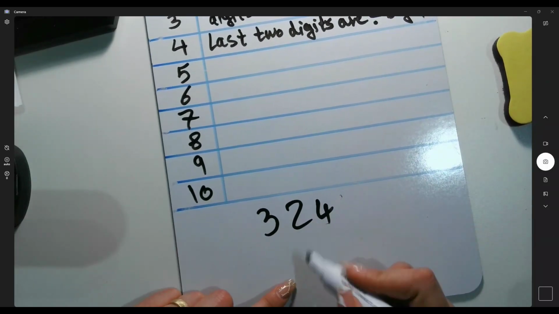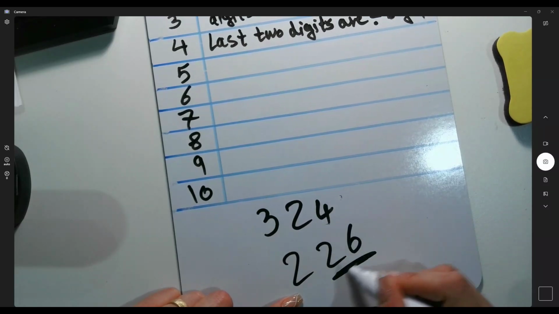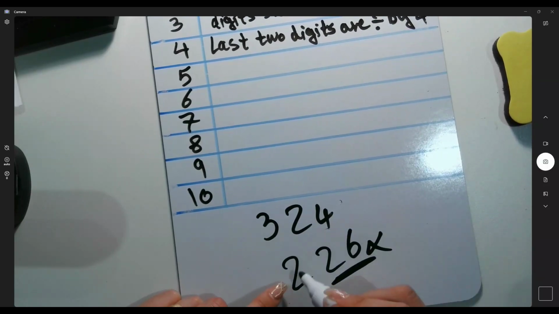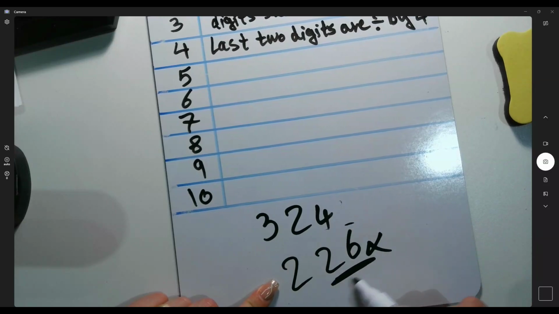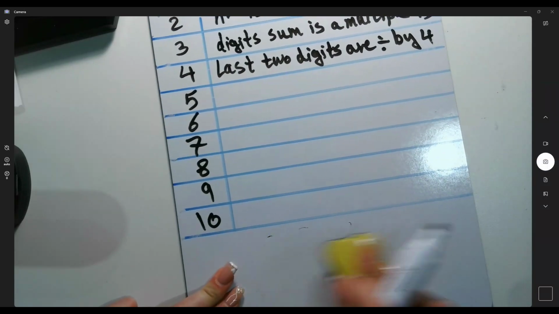If I said 226, 26 is not in the 4 time table, so I cannot divide that by 4. What about the 200? Of course, I'm talking about the whole number, but this is how you find out if this whole number is divisible by 4 or not.